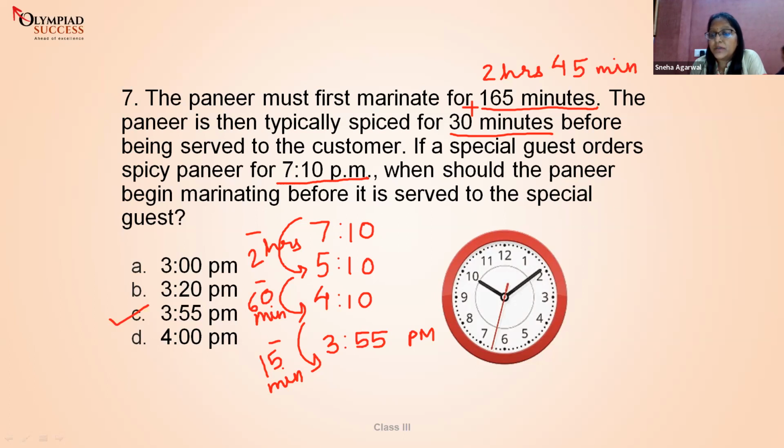Please turn on, beta. And I don't know who is this Redmi Note 8. You can rename your display name. You can just put your child's name. So please rename and turn on your camera, guys.